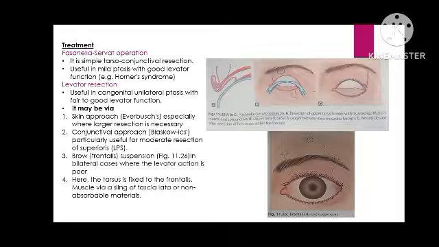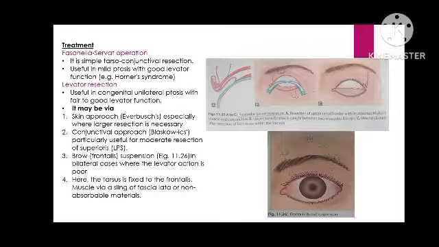Palpebral fissure height, or PFH, is the distance between the upper and lower lid in vertical alignment at the pupillary center. A normal value for women is 9 to 10 mm, and for men 7 to 10 mm in primary gaze. The upper lid is 2 mm below the superior limbus, and the lower lid is 1 mm above the inferior limbus.